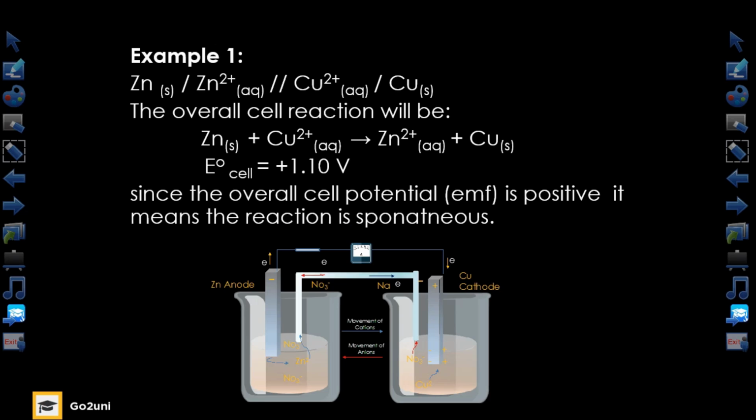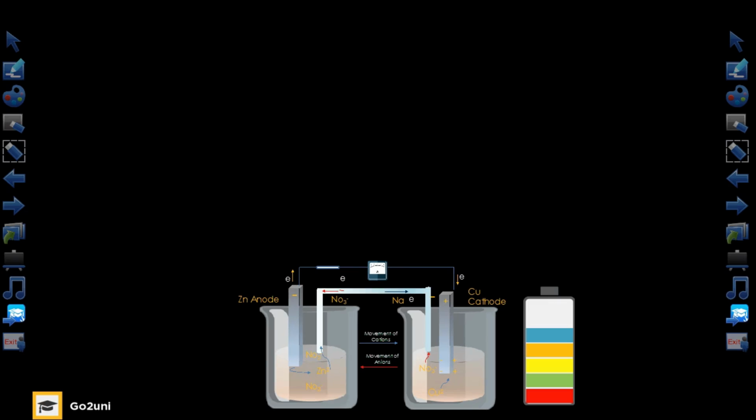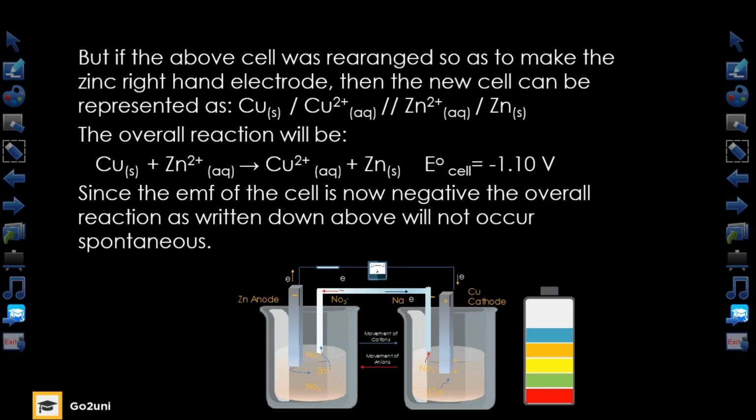If our E is positive, then the spontaneity of the reaction is sure. On the other hand, if the electrodes are changed, that is, zinc at the right instead of left, and copper at the left instead of right, then our E value is going to be minus 1.10, which implies that delta G will be positive. And if delta G is positive, the reaction isn't going to be spontaneous.